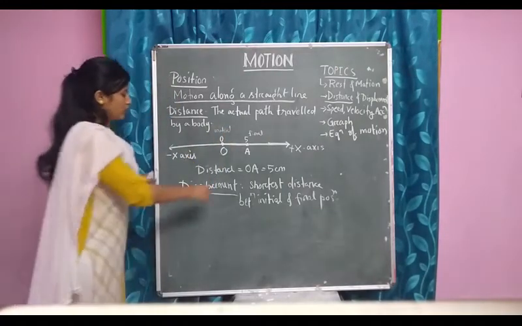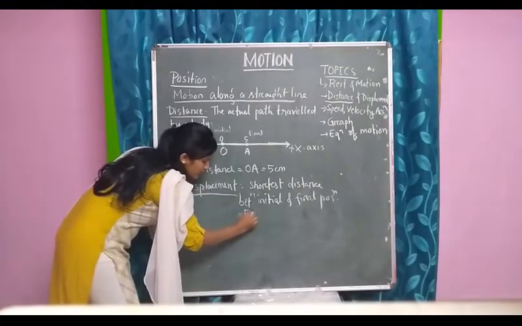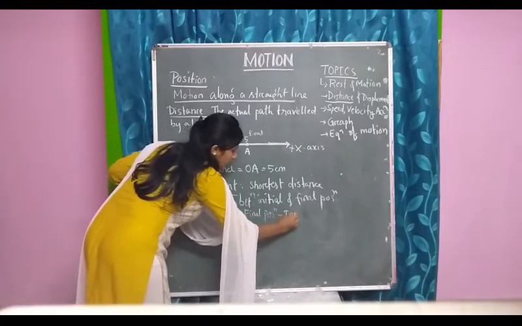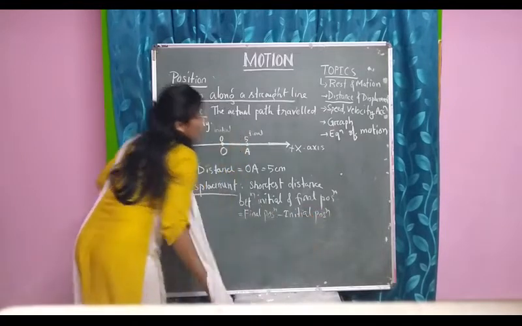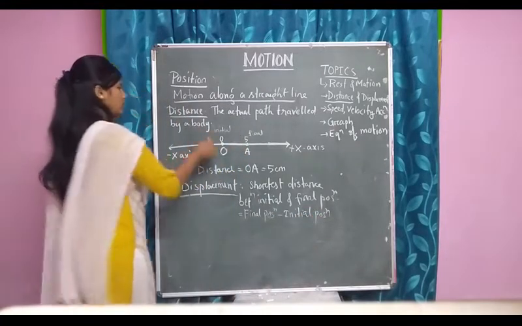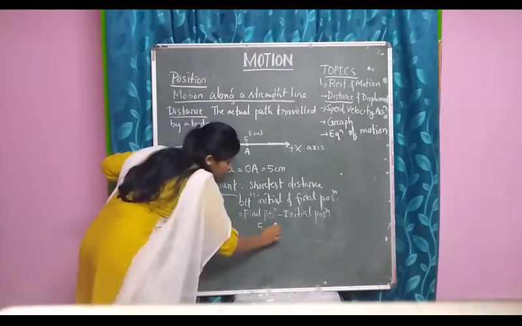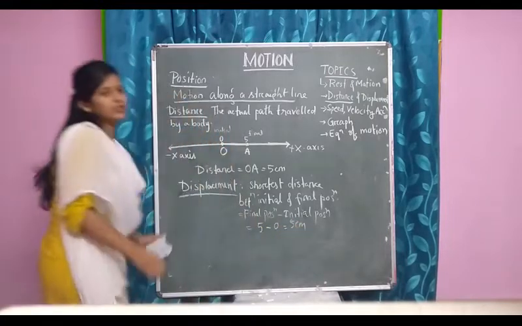So in order to calculate the displacement, you can write final position minus initial position. Here we will have 5 minus 0, which equals 5 centimeter.